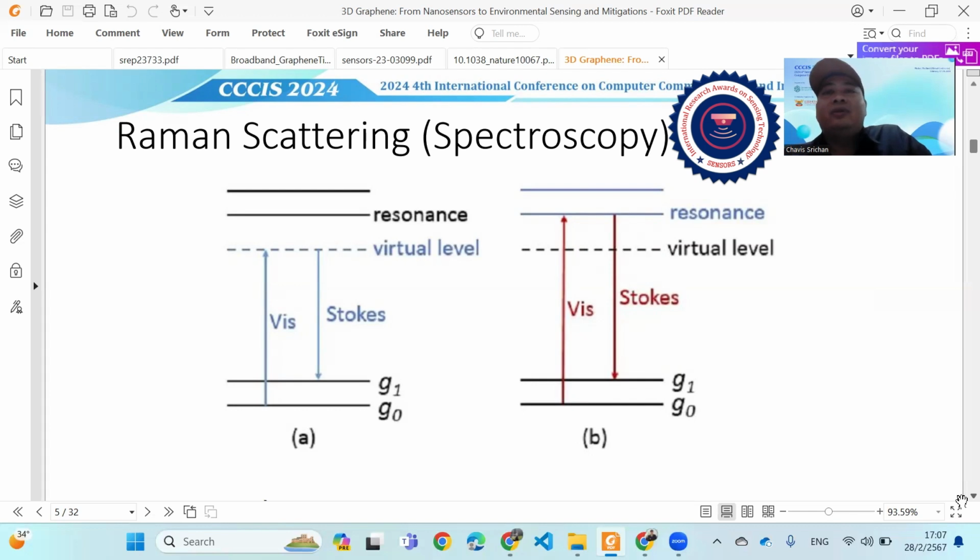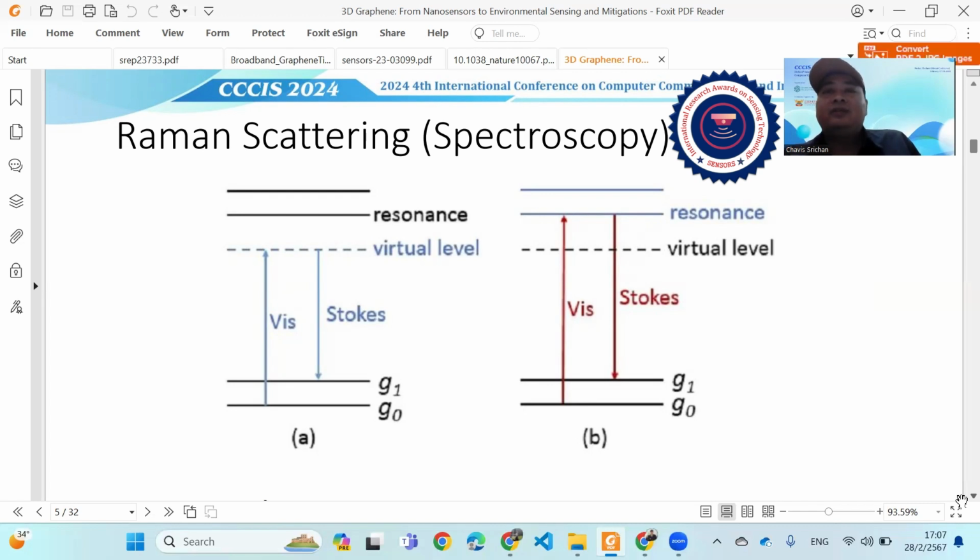But if you combine the 3D graphene with noble metal nanoparticles like gold or silver, then you get very high amplification of electromagnetic fields. We published a paper in which we get a very high enhancement factor of the amplitude of the Raman scattering.